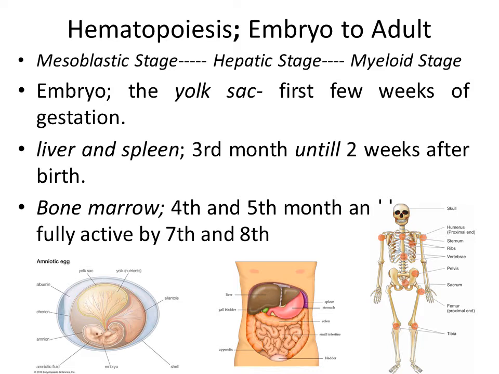But in adult life, if the bone marrow is challenged, that is, it is unable to produce enough blood cells, the liver and spleen start the production of red blood cells, which results in an increase in size. This is known as extramedullary haemopoiesis.